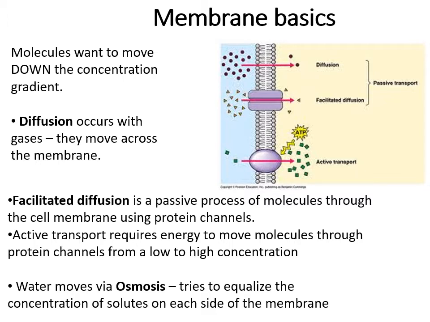So there's constant active transportation, and that's why cells need so much ATP for this constant movement. And all of this movement comes down to the same term, homeostasis, right? The ability of the body or the cells to maintain a stable environment, which is critical to survival.